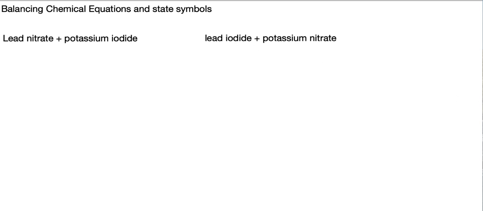So let's look at the symbols then for this. So we have lead nitrate. Now, I remember some formulae and I can then use that to work out how things are going to react. So I remember, for example, nitric acid, and I know that hydrogen forms an H+ ion.